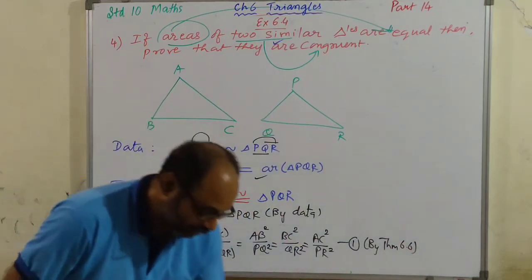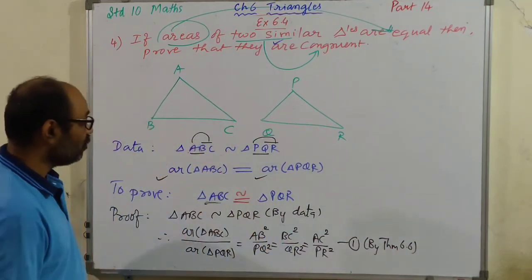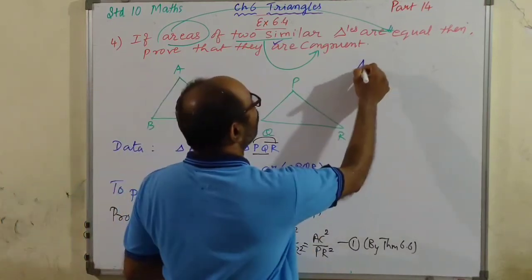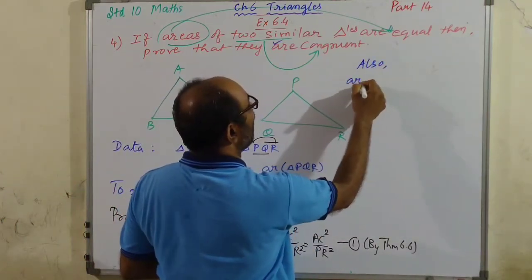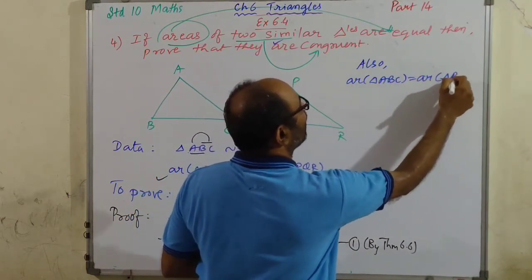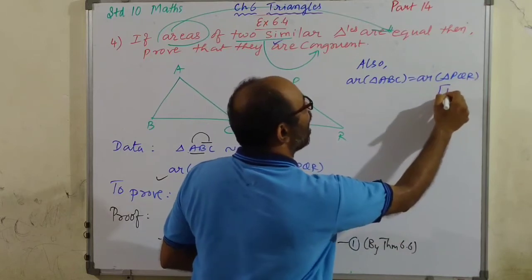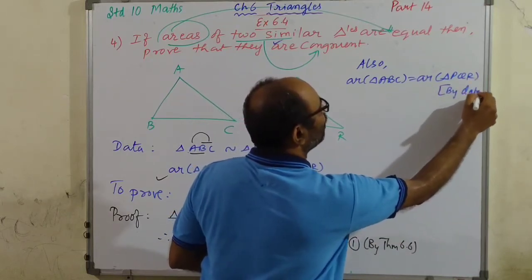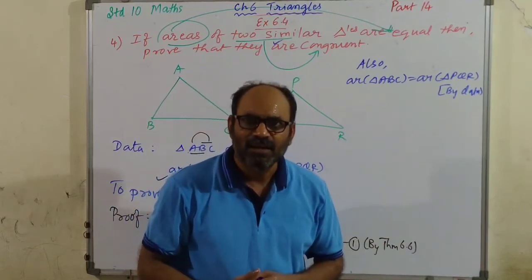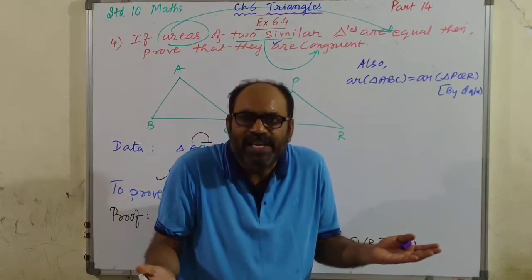Correct? Okay. Now, what else do we have? Also, area of triangle ABC is equal to area of triangle PQR by data. This information has areas, so what are we waiting for?